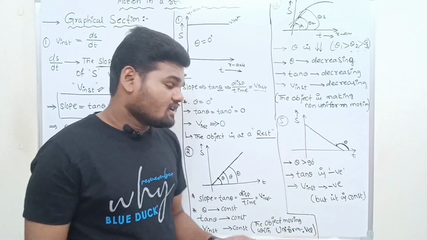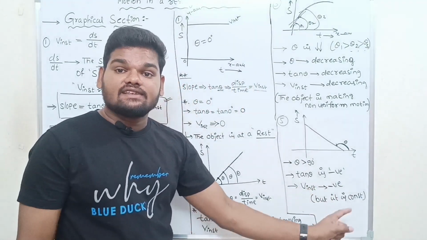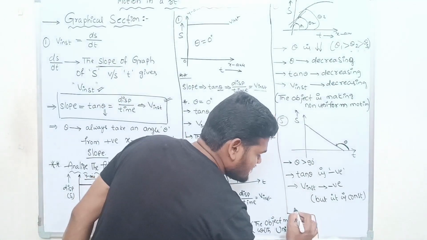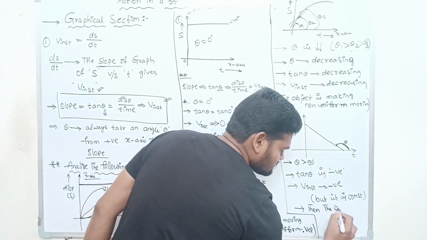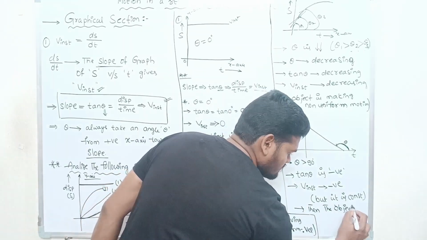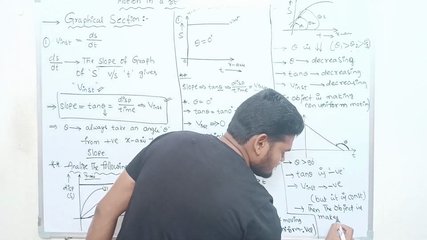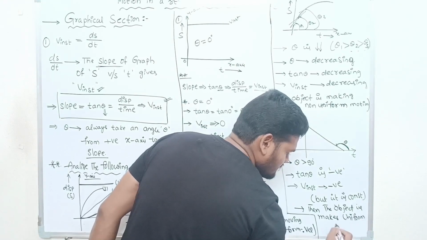If angle theta is constant, then the velocity is also constant. If the velocity of the object is constant, then the object makes uniform motion. Uniform motion.